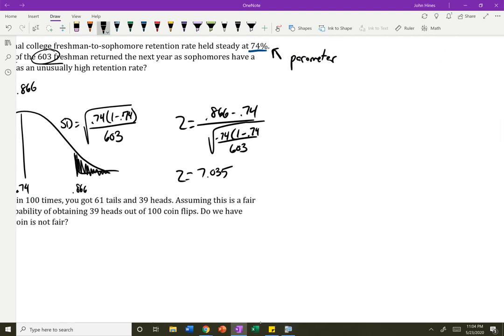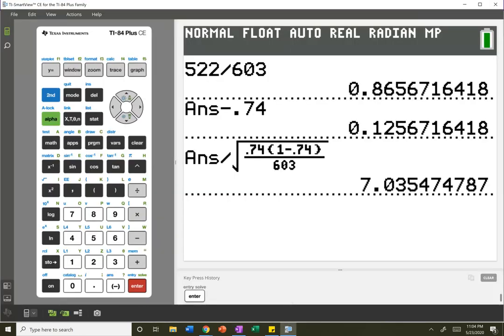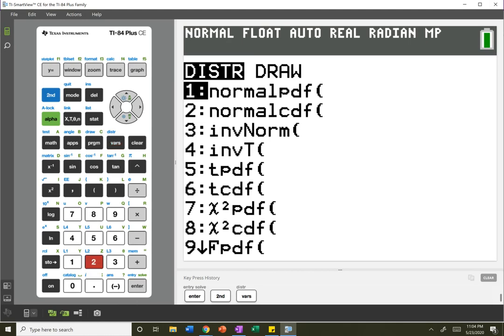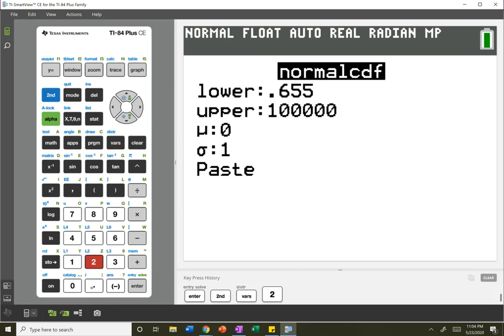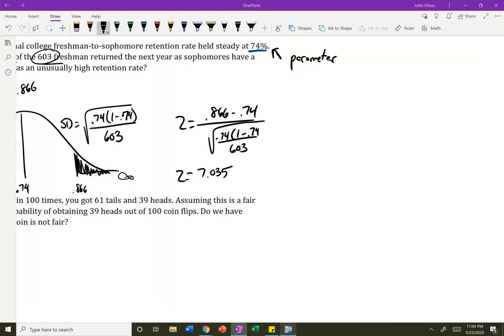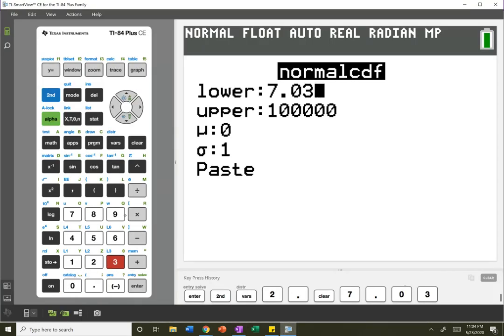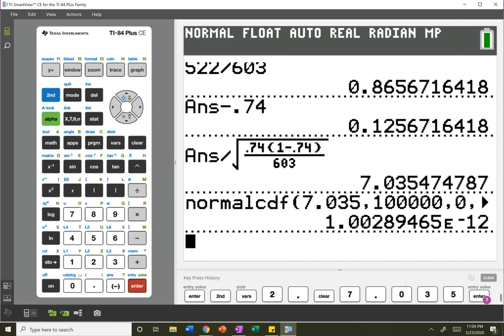So that's my lower bound, and I'm going to go all the way up to infinity. So second distribution, normal CDF, 7.035, going up to a bajillion. What's that probability come out to be? Well, I see this e to the negative 12 again.